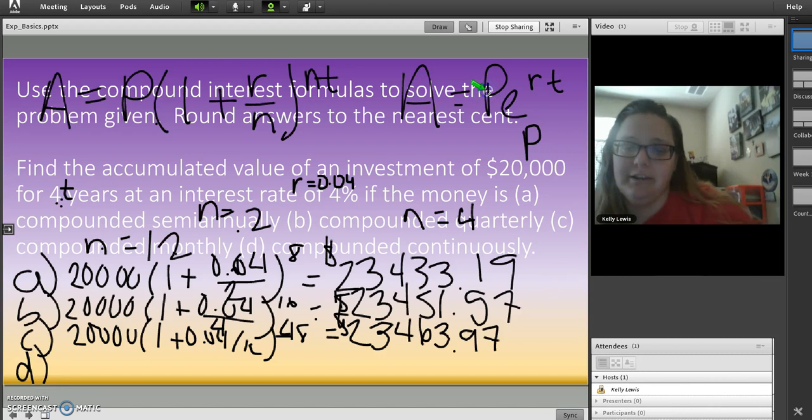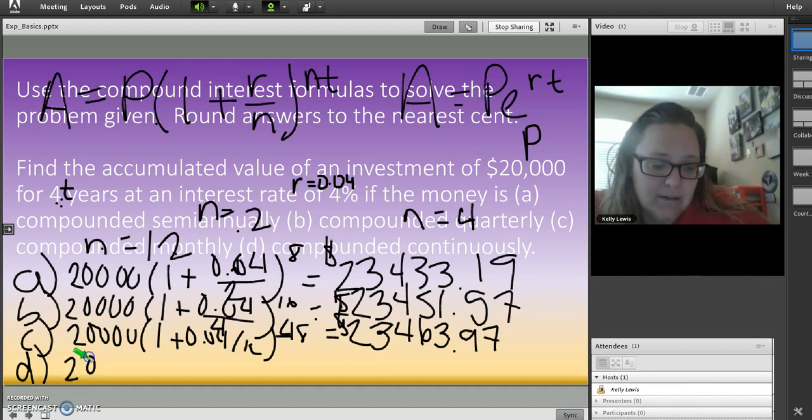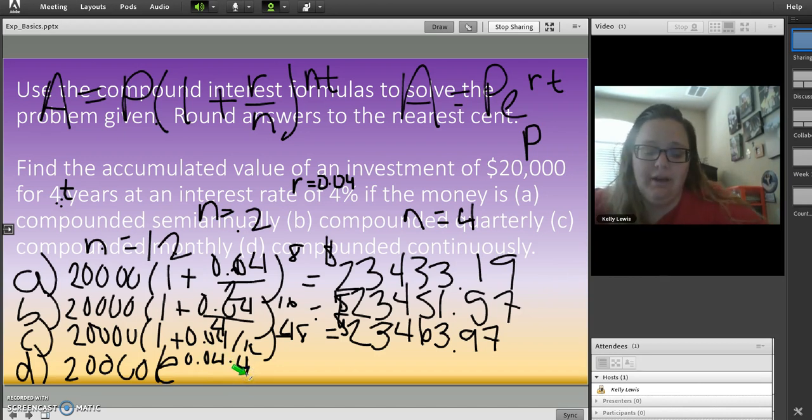D is the different formula. I'm going to do 20,000 e, and then the rate was 0.04 times time 4. Right, 20,000 e to the 0.04 times 4.